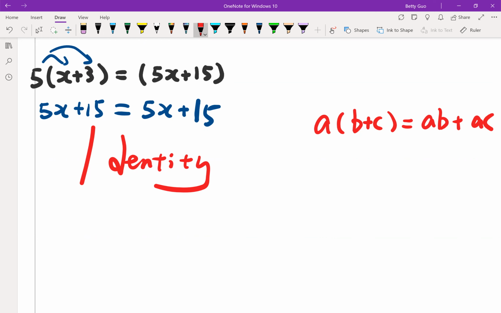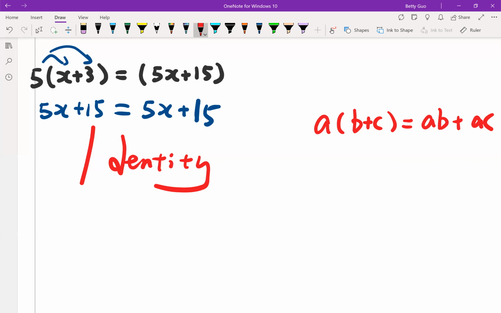If you let x be 0, left-hand side is 15, right-hand side is 15, they are equal. If you let x be 1, left-hand side 20, right-hand side 20, they are still equal. No matter what value you give x, the equation always holds. So infinitely many solutions. All real numbers are solutions of the equation. The equation is an identity.